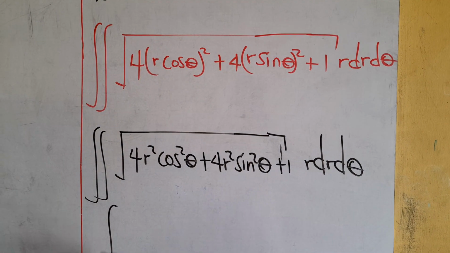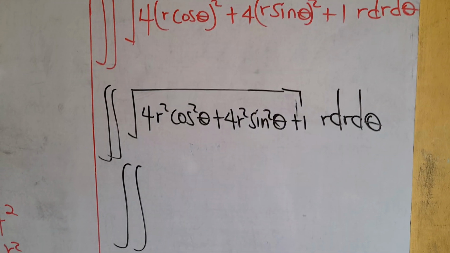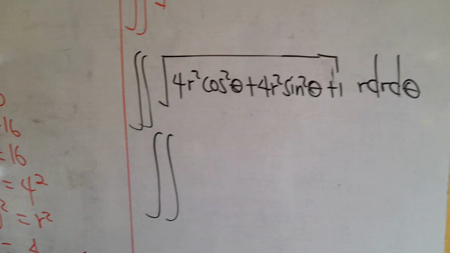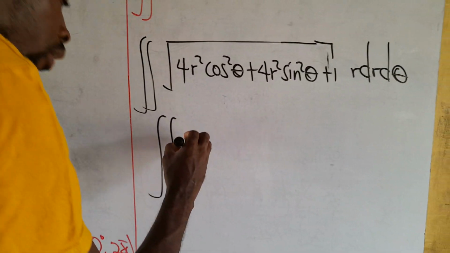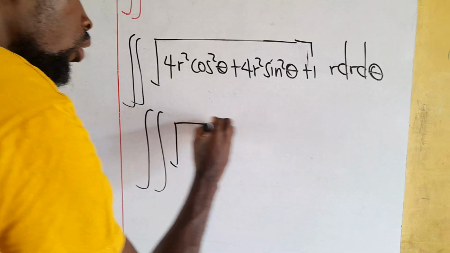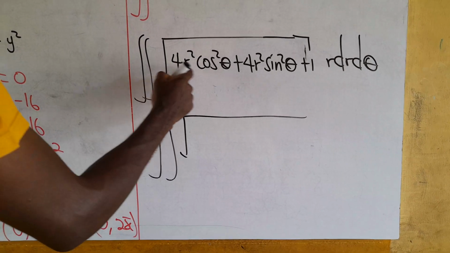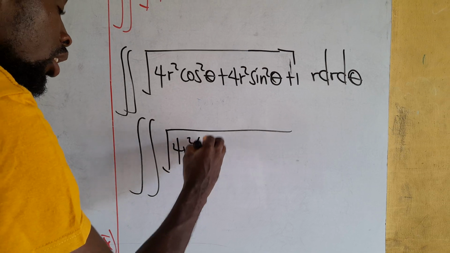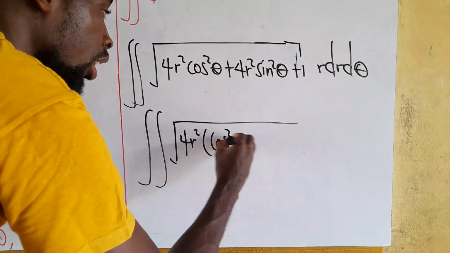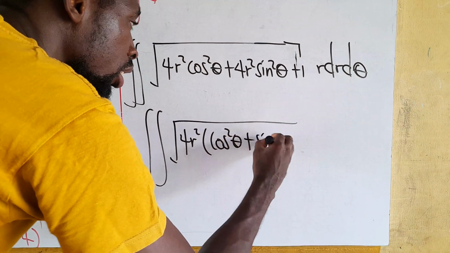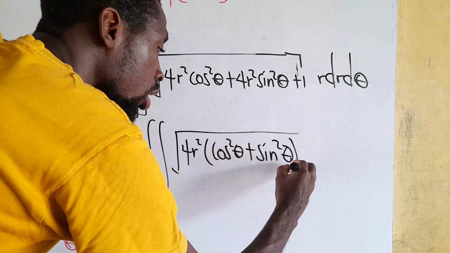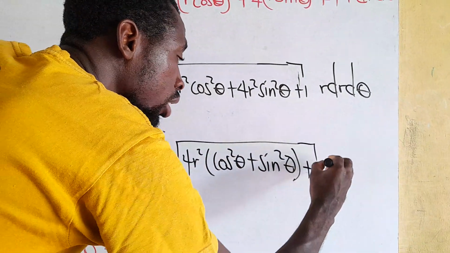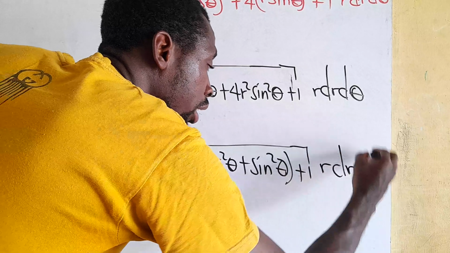So we have double integral. Remember the limiting point of r and theta are also here. So we'll finally substitute them. So we have the square root of, now 4r squared is common to them, we can bring it out. So we have 4r squared bracket cos square theta plus sin square theta plus 1 r dr d theta.